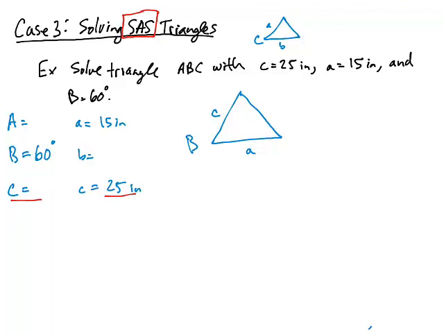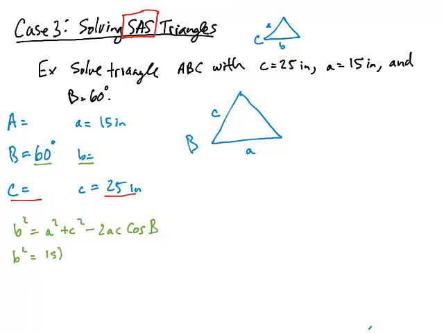What I'm going to do is solve for side B first, and the reason is because I'm going to use angle B. So I'm just going to write out the law here. B squared equals A squared plus C squared minus 2AC cosine of angle B. So plugging in what we know, we're going to solve for B squared.